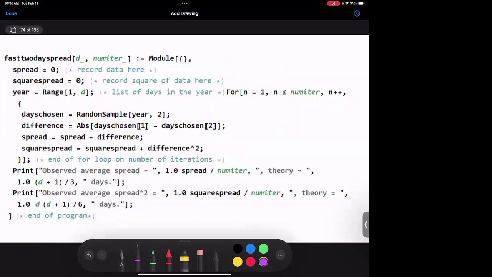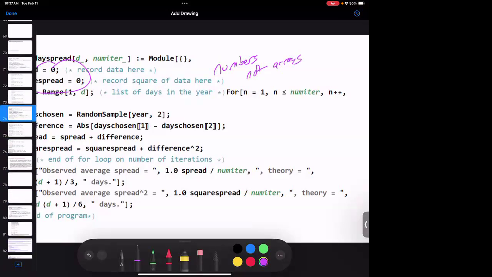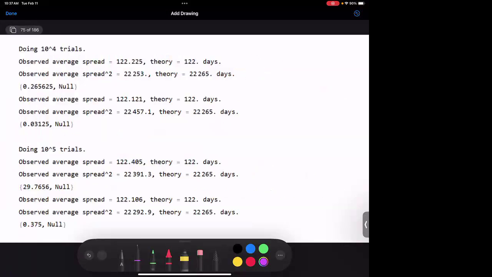So here is a slight tweak. All that I've done now is instead of having arrays, these are now numbers. And by switching them to numbers instead of arrays, the runtime is much better.